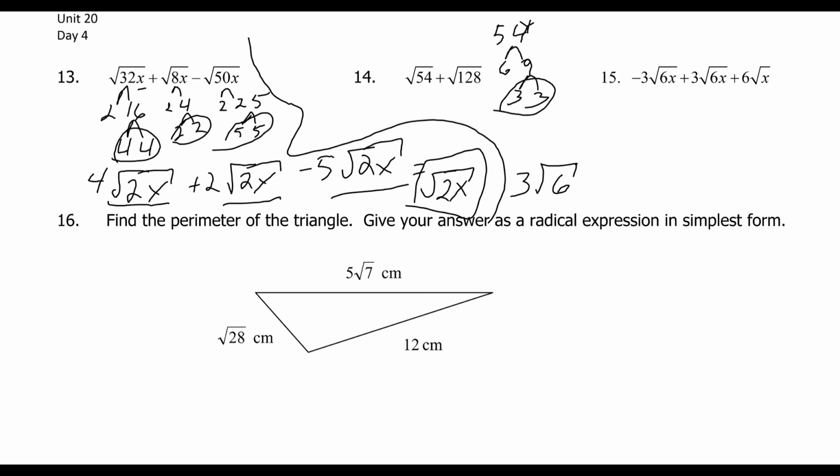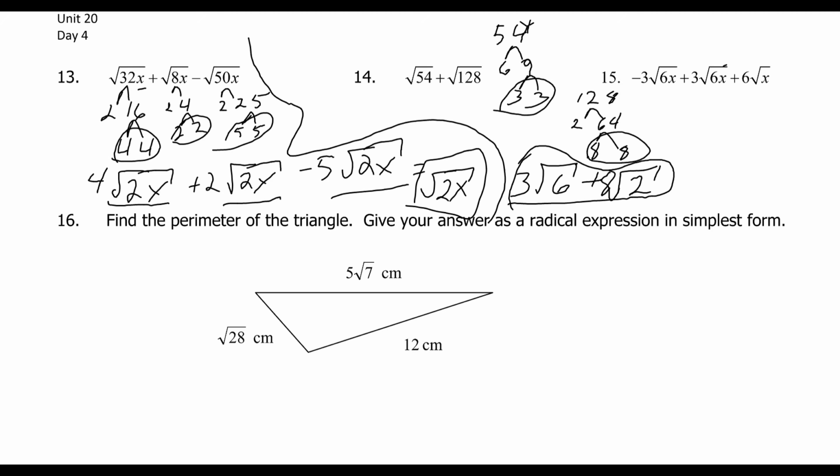Alright, now the 128 will break apart into 2 and 64. So I got 2 and 64 as that one, and that'll break apart into 8 and 8. There's a pair. So I got 8 roots of 2. And there's the answer. And it's that easy.